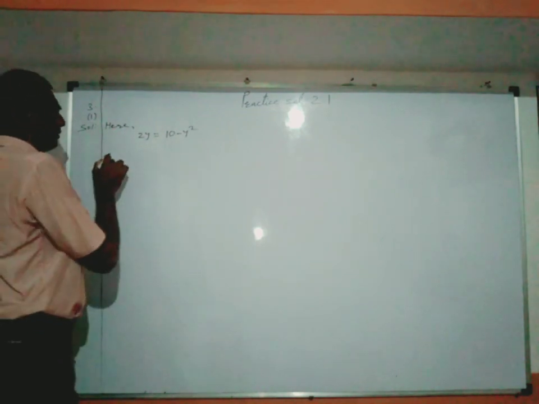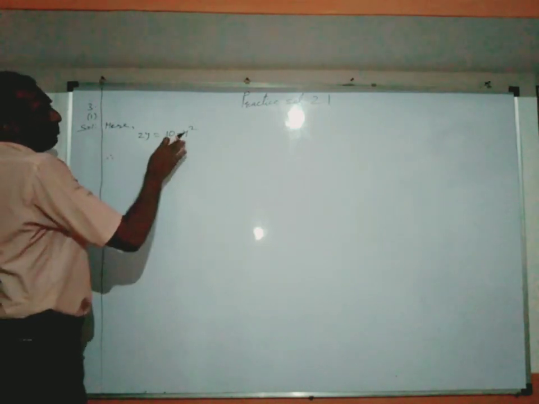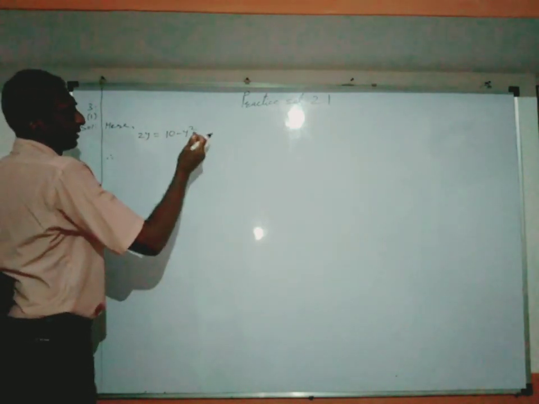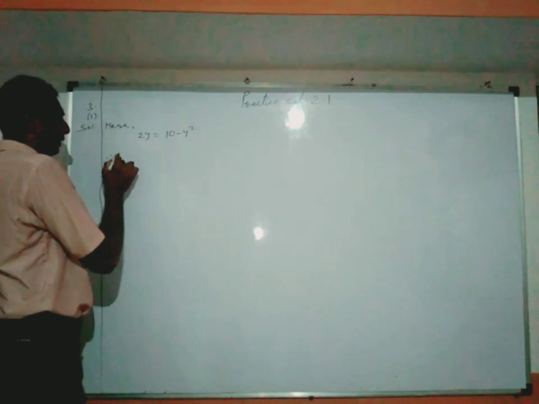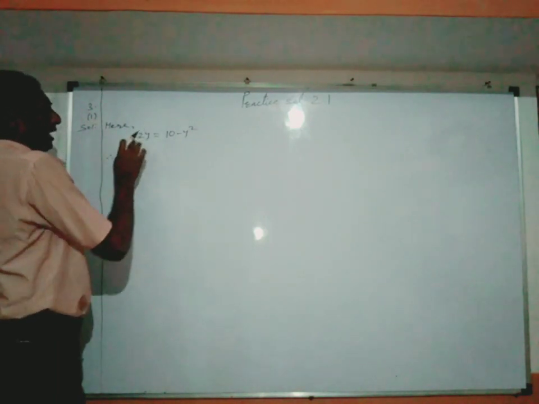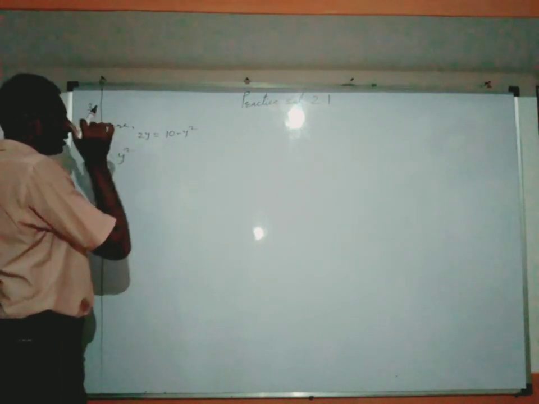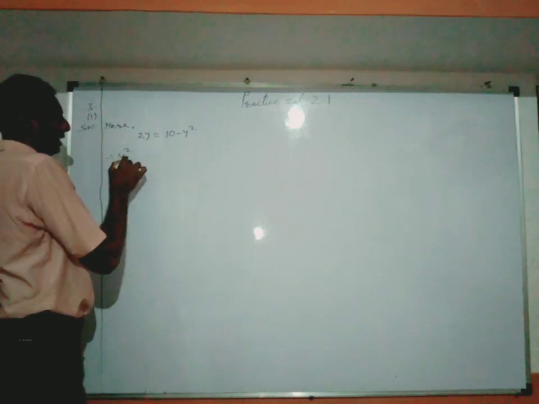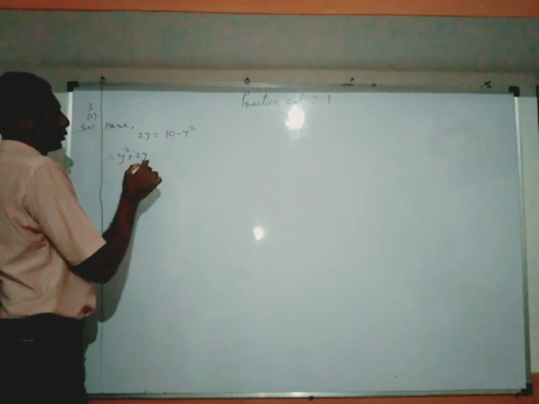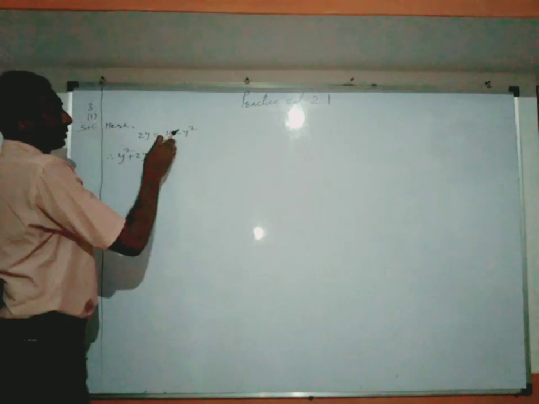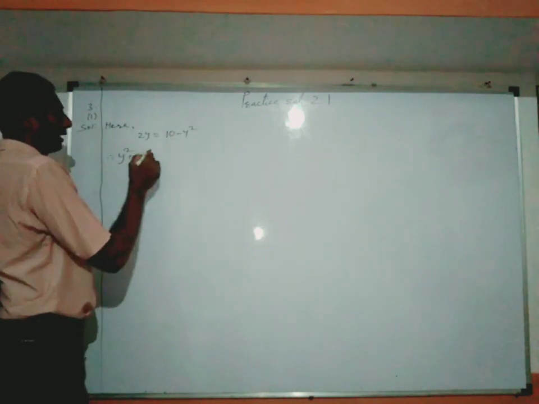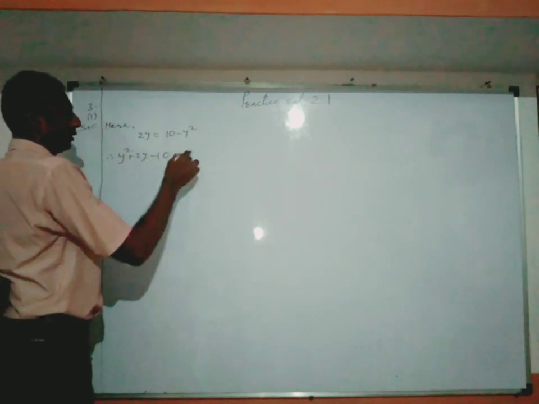Let's rearrange terms. Minus y square is at right, so on transfer towards left we get y square. At the left we already have a term containing y, so let's write it as plus 2y. On transfer of 10 from right to left we get minus 10 equal to 0.